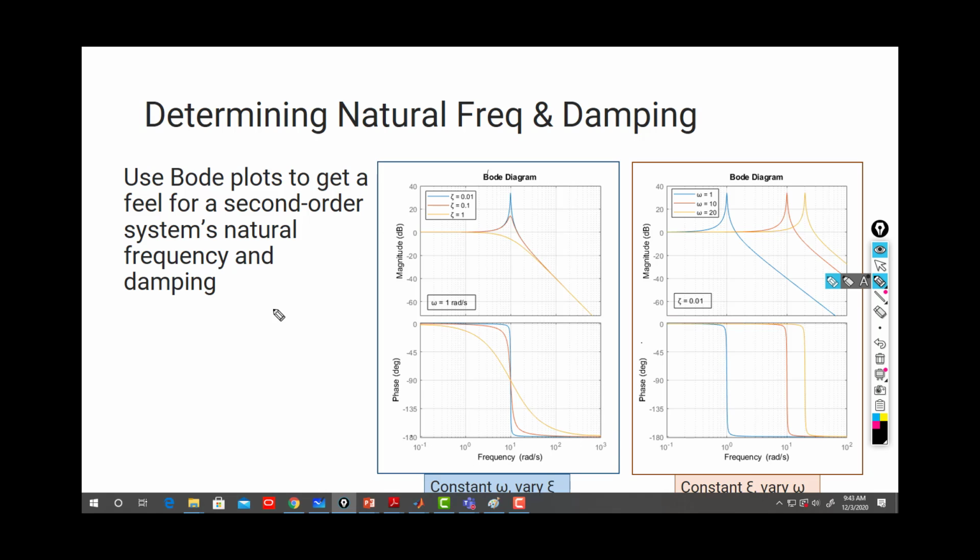Okay, so this is a second order system, and a second order system having this form is s squared plus 2 zeta omega s plus omega squared. So I'm taking omega equal 1 and I'm varying zeta. So that's my system, that's zeta, I'm taking 3 values for zeta, and each time I'm drawing.